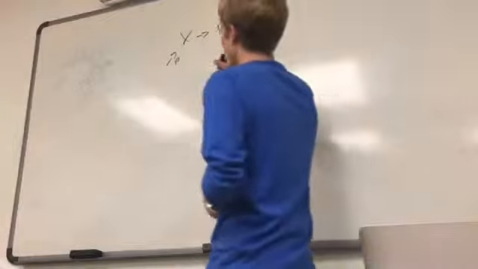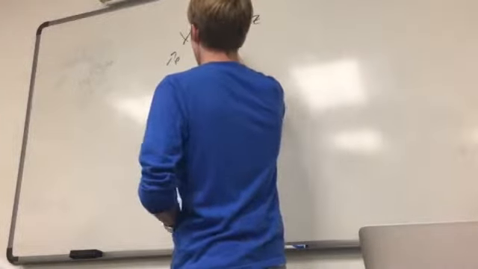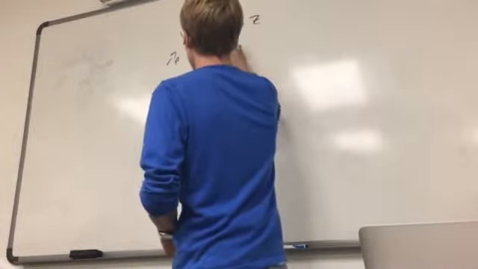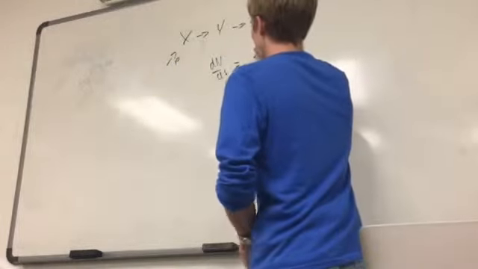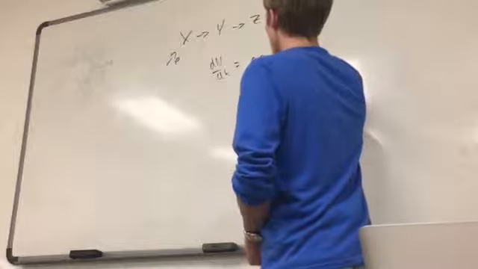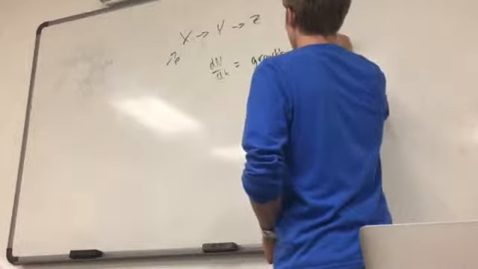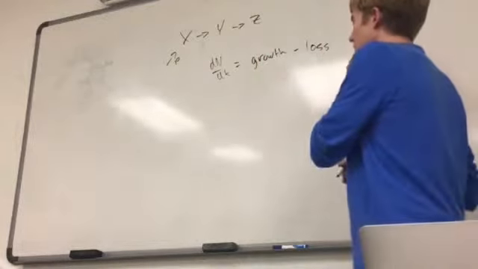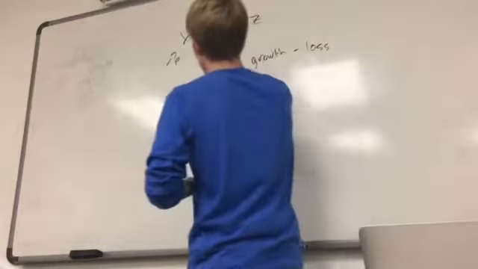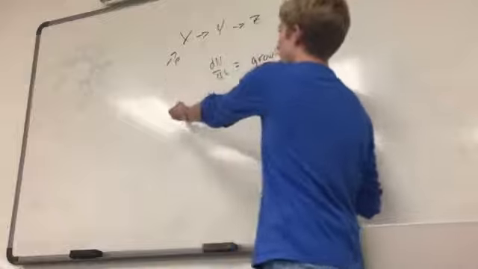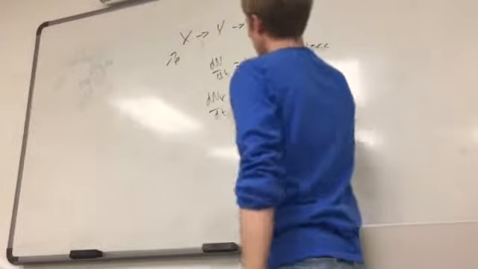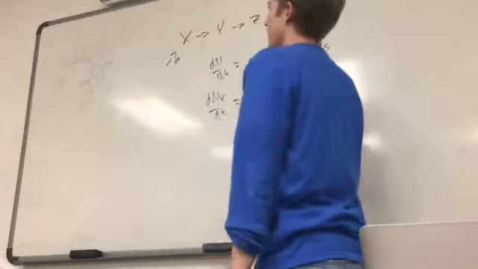Right. So you can think of it as the rate of change in the population is equal to some growth term minus some loss term. So in our situation, X is being produced at the cyclotron with a rate P, but X is not stable.